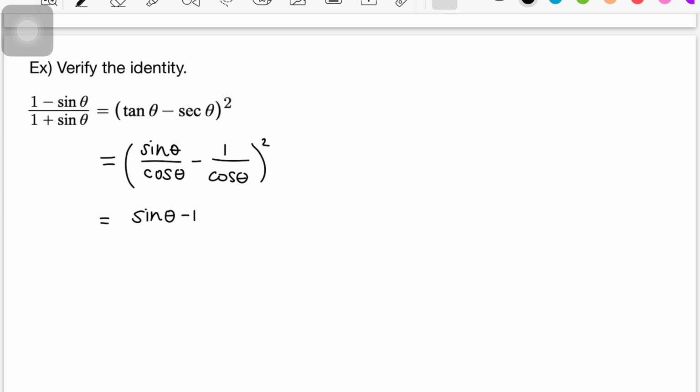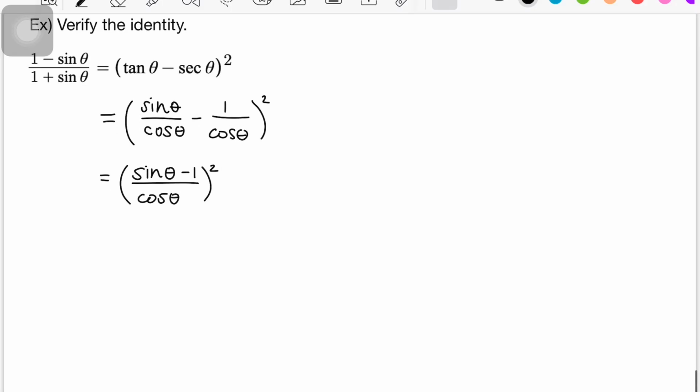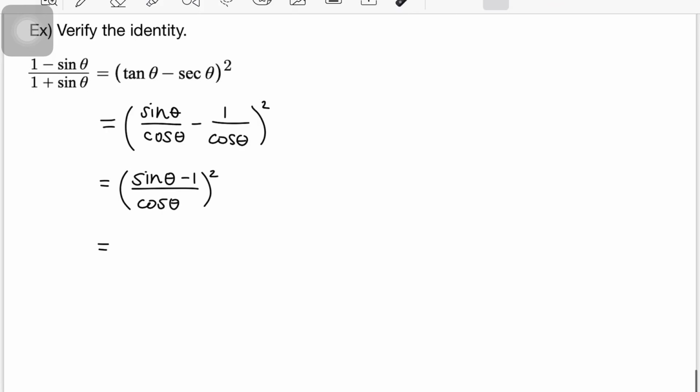So this is the same as sine theta minus 1 over cosine theta. Now what we can do here, distribute this exponent to both terms in our numerator and denominator here. So we get that on the top, and on the bottom we just have cosine squared theta.